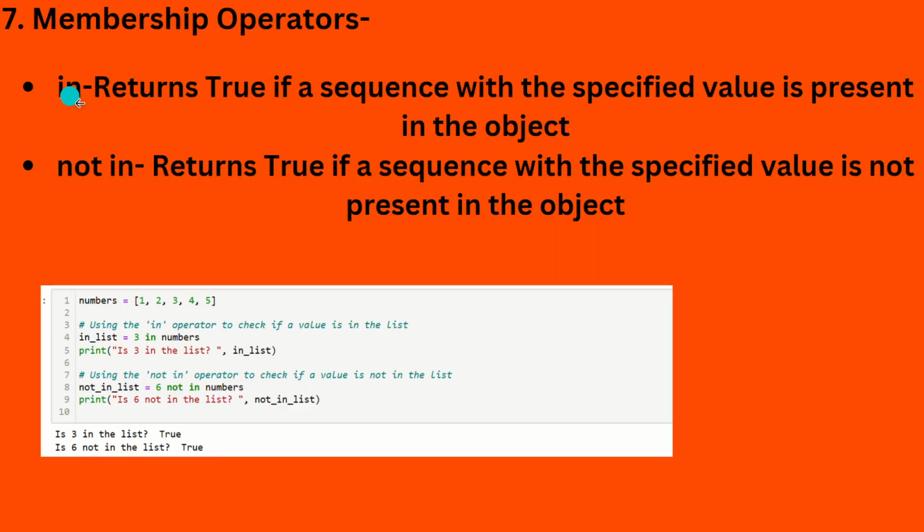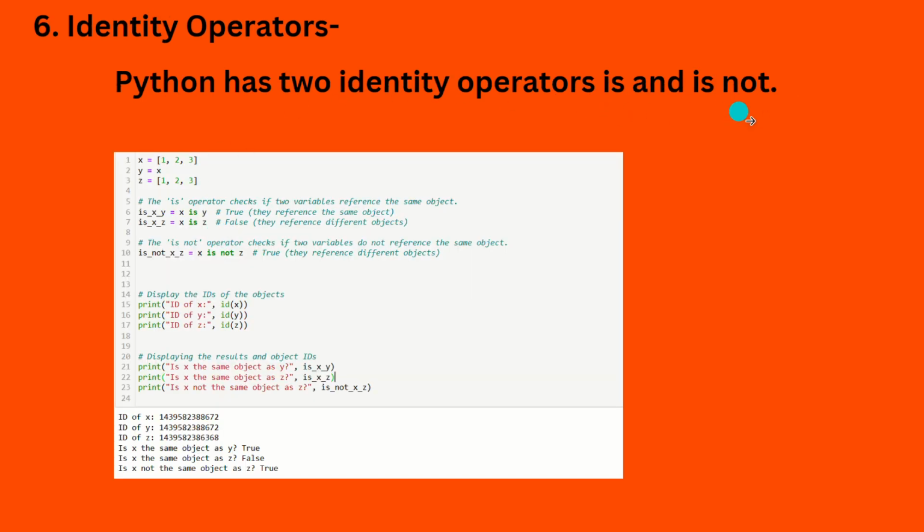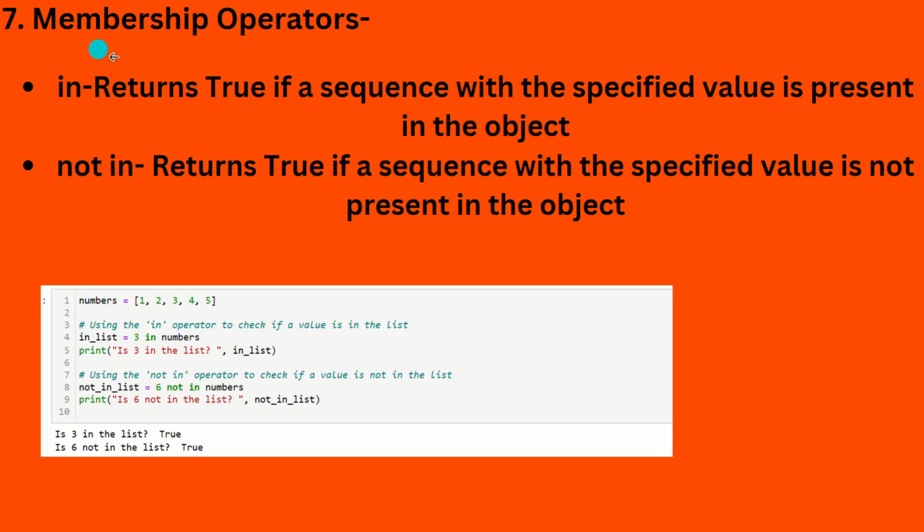Next, membership operators. Two membership operators, in and not in. Similarly, we had is and is not, which were identity operators. Here we have in and not in, which are membership operators. In returns true if a sequence with a specified value is present in the object.